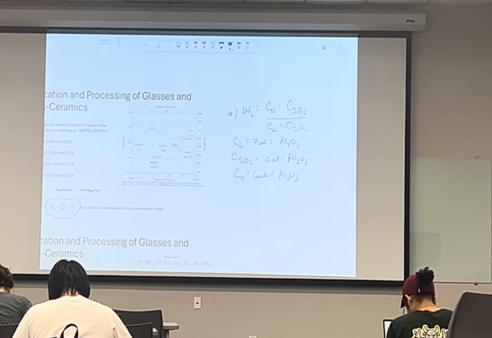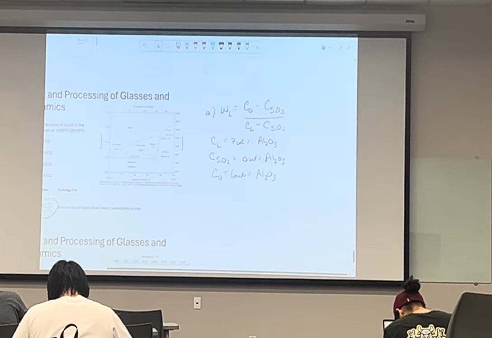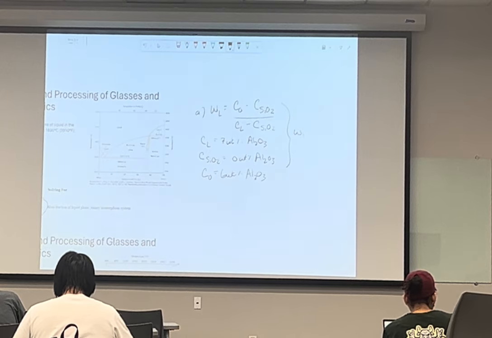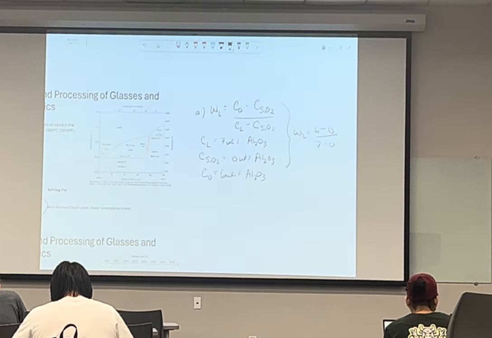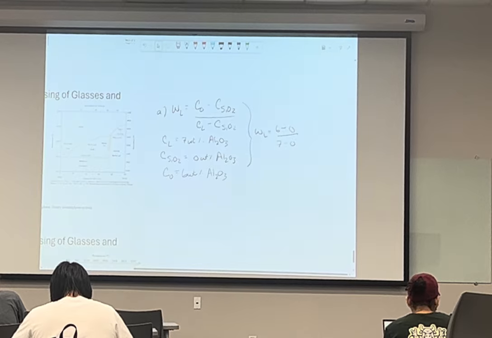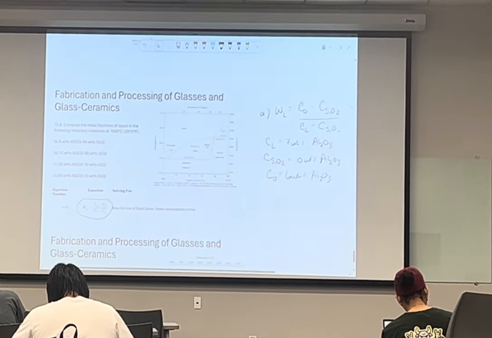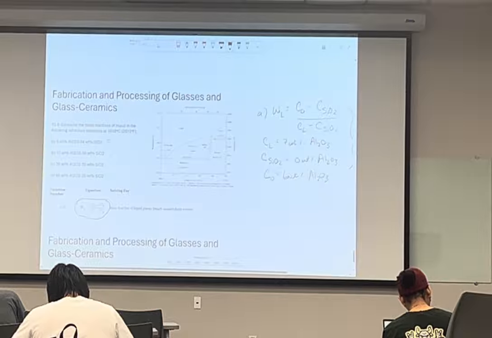So the mass fraction of the liquid using the lever rule is going to be 6 minus 0 divided by 7 minus 0. So you'll end up with a mass fraction of 0.86 for part A, so I'll just put it here so we can see it.